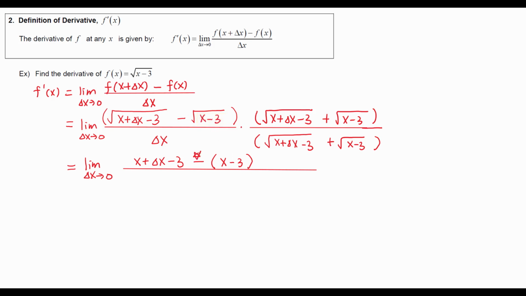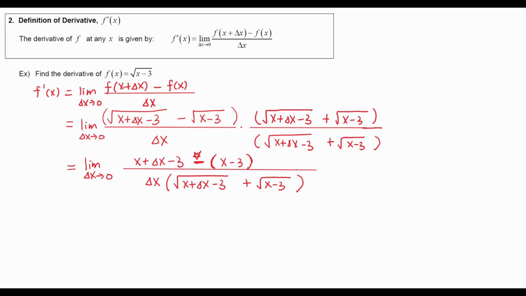But because I'm subtracting, I need to put a parenthesis there so that I am subtracting the whole x minus 3. And in the denominator, I have a product now, and my product is delta x times the square root of x plus delta x minus 3 plus the square root of x minus 3.